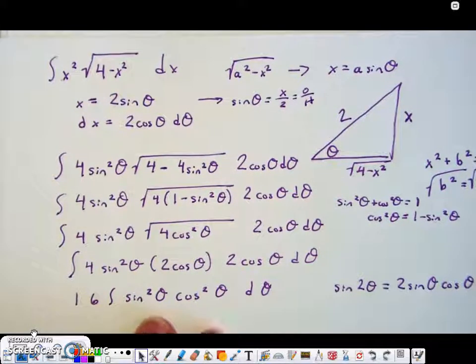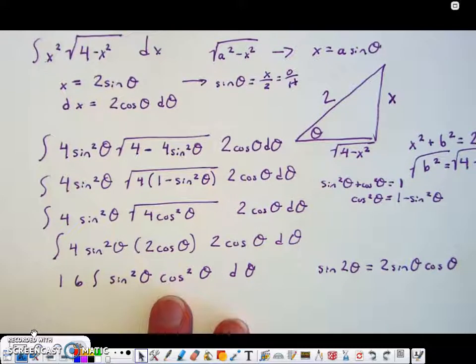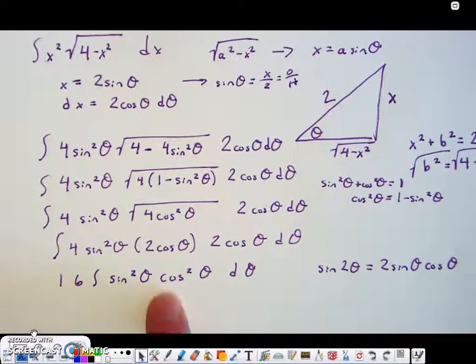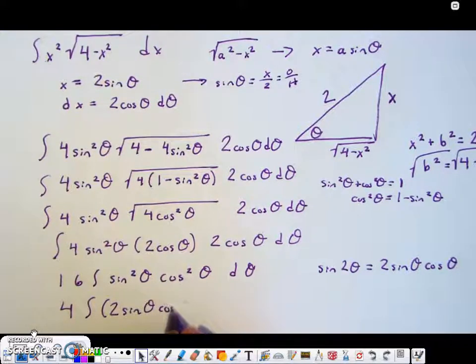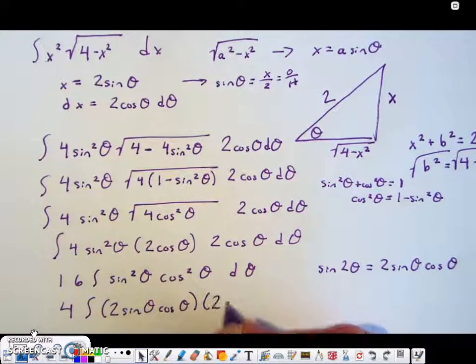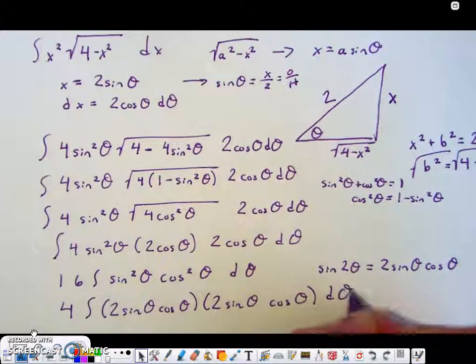So what I'd like to do is say that I have 2 of those, because you have sine theta cosine theta, but you kind of need the 2 as well. So I'm going to move 2 of the 2's back in. Okay, so I'm going to have this 4, and then 2 sine theta cosine theta, and another 2 sine theta cosine theta, d theta.